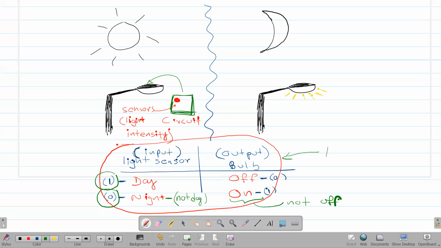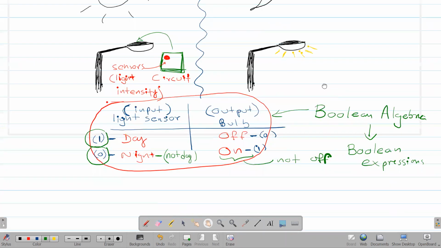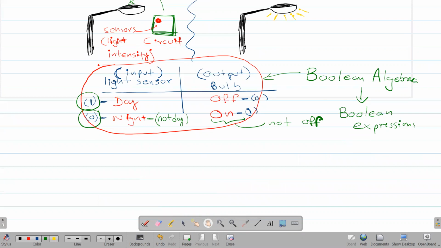We are talking about this in the sector called Boolean algebra, and using that, they derive things called Boolean expressions. And using Boolean expressions, they are going to develop a circuit.